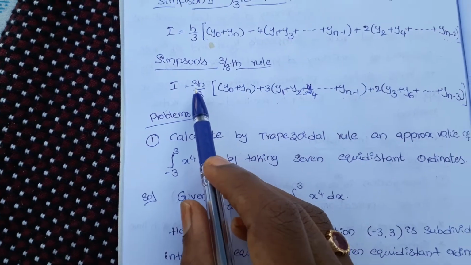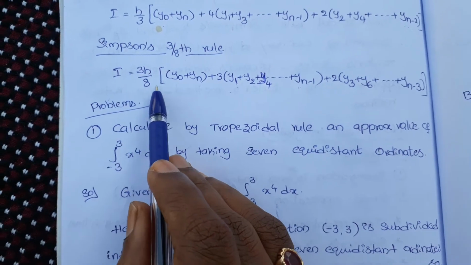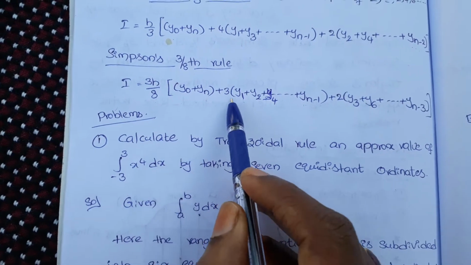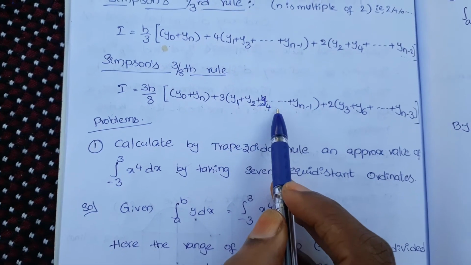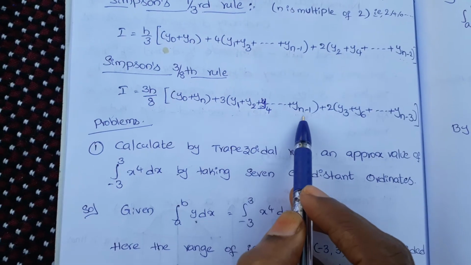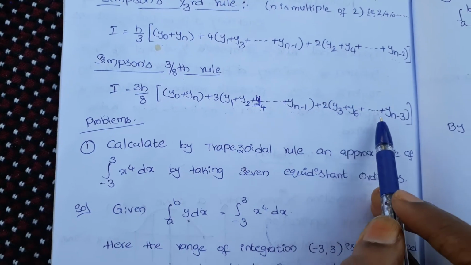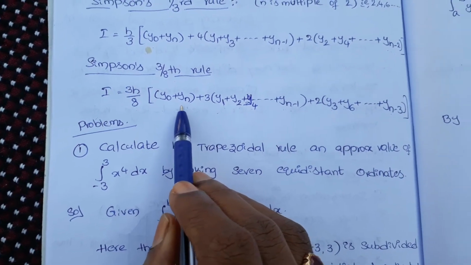And next, Simpson's 3 by 8 rule. That means the 3/8 rule. I is equal to 3h by 8 into y0 plus yn plus 3 into y1 plus y2 plus y4 plus y5 plus and so on yn minus 1 plus 2 into y3 plus y6 plus and so on yn minus 3. See here, y0 plus yn are common.